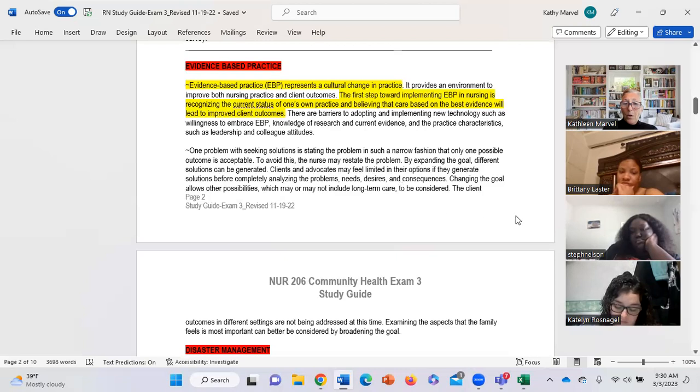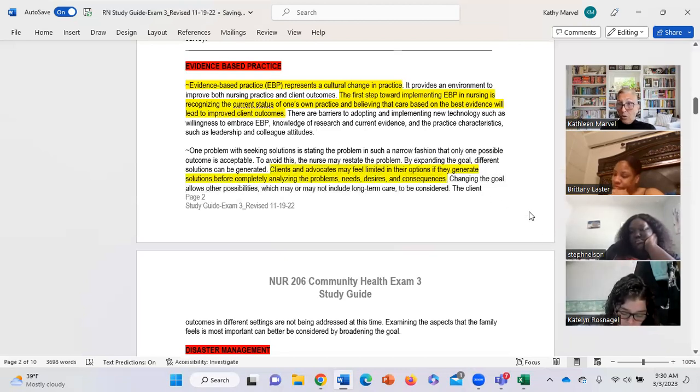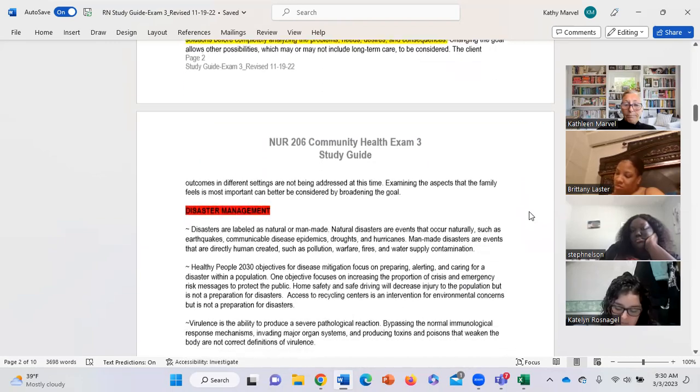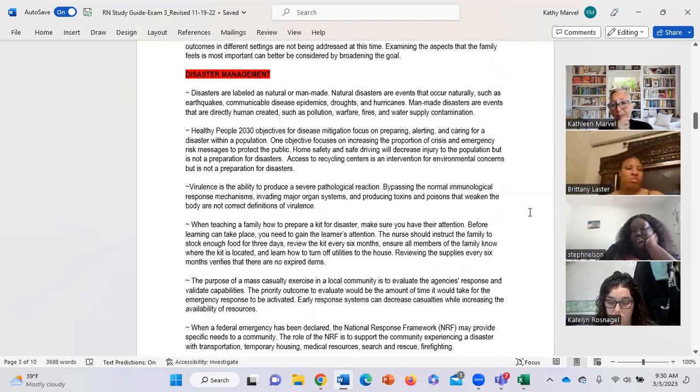And certainly clients and patients expect that they're being cared for with the most current, recent, proper practice, that their doctors and nurses have the most current information. So evidence-based practice is super important in our profession.